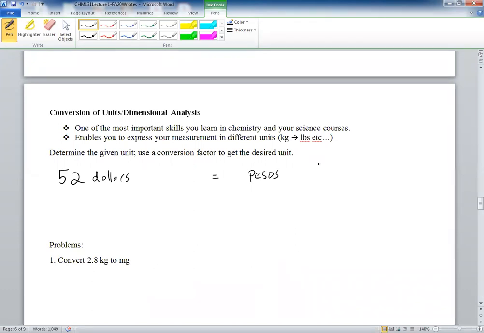Now, in order for you to go from US dollars to pesos, you need a conversion factor to do your currency exchange. So I just looked it up. I think US dollar is about, so $1 is 22 pesos. So this right here is what we call a conversion factor.